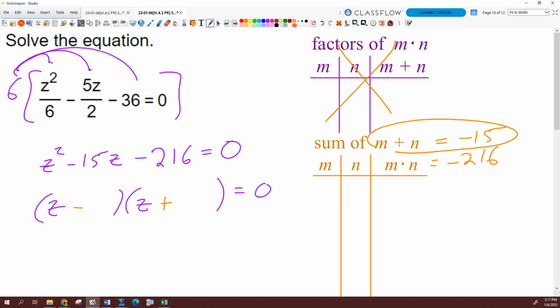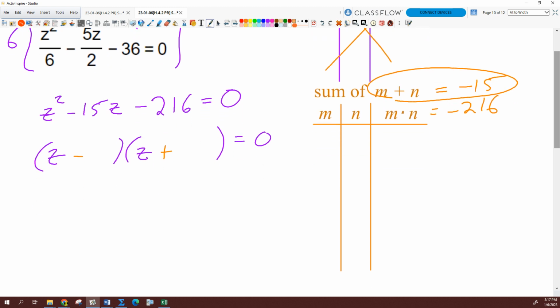But we're just going to find a list of all those numbers. So somebody throw out the negative number. Somebody throw out a 22. Okay, let's try 22. Negative 22, and then negative 22 plus what is negative 15? 7. If I multiply those together, I'm going to get negative 154.